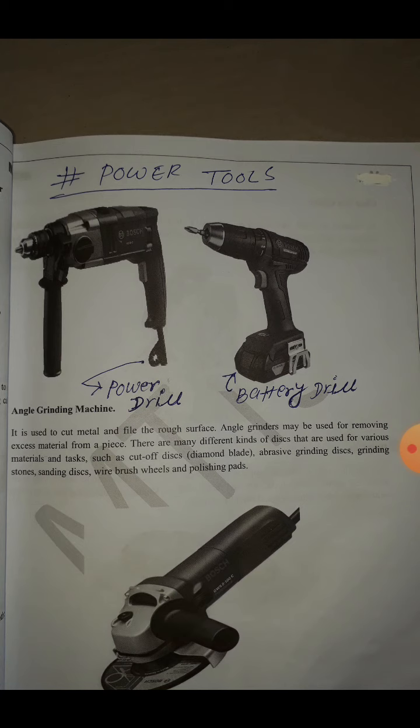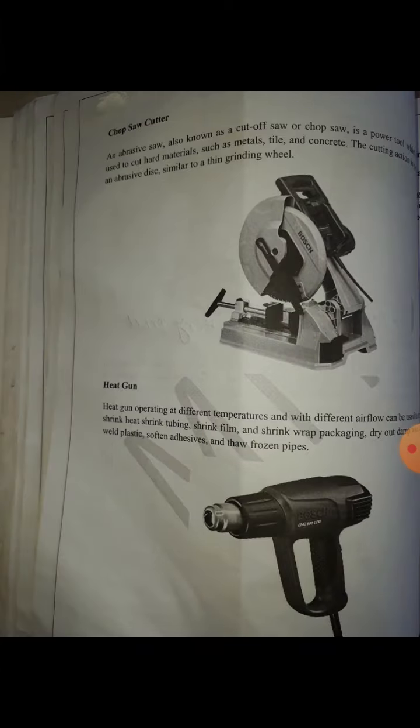Big 450, 600, 750, 900 cable tray, you can cut with the grinder machine, the angle grinding machine. And small sizes, 50 to around 100, you can cut with a hacksaw frame also. Okay, so this is the power tool.